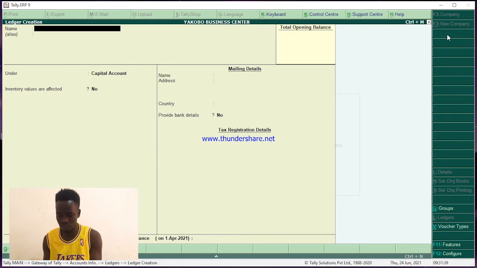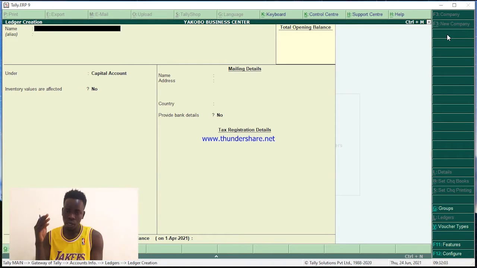Those are the expenses; we call these direct expenses. The second one is to receive payment from the following. We have MTN Uganda, we have Airtel, and we have the individual, Stephen Williams.